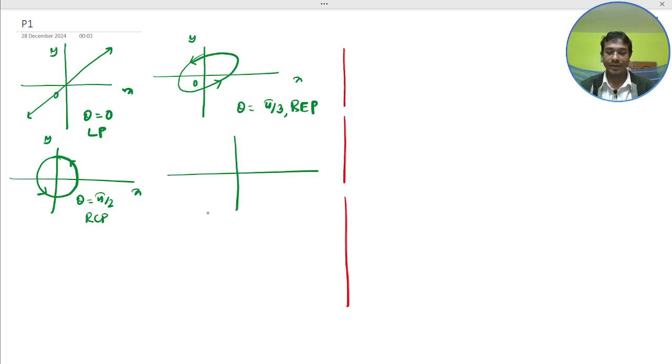Next one is theta 2 pi by 3, twice pi by 3, right-handed elliptical polarized.